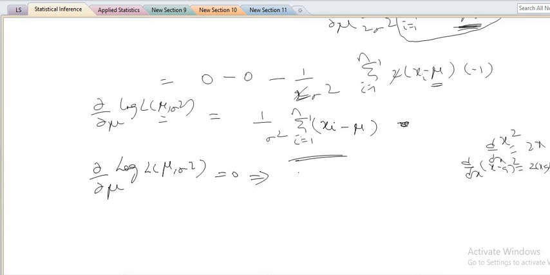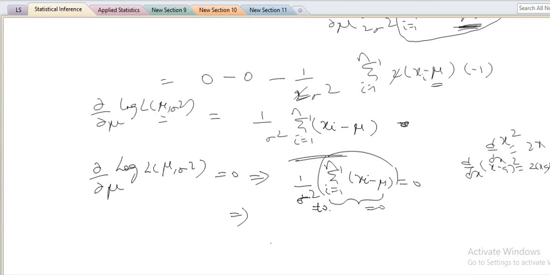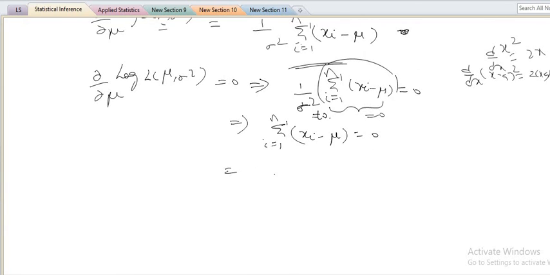That implies 1 by sigma square summation i equals 1 to n of (xi minus mu) equals 0. This is 0 only when the summation becomes 0, because 1 by sigma square never equals 0. That means summation i equals 1 to n of (xi minus mu) equals 0.